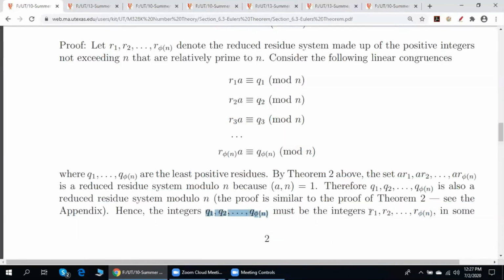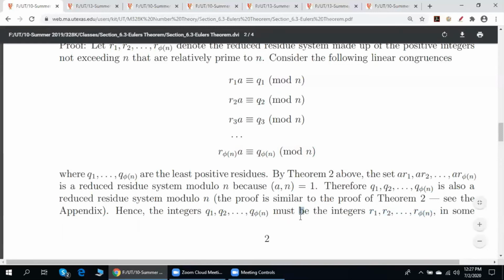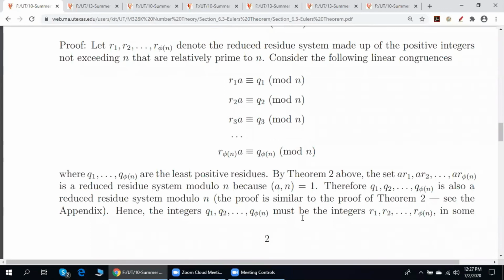In both sets, these numbers do not exceed n. In both sets, we have numbers that are relatively prime to n. In both sets, we have numbers that are pairwise relatively prime. So there is no escape. This set is equal to this set.